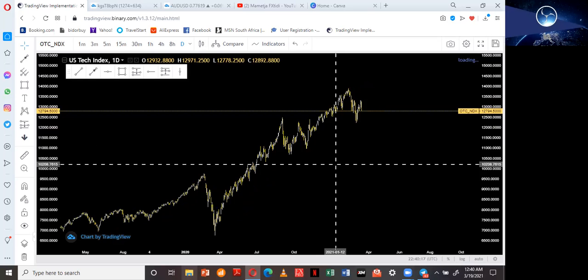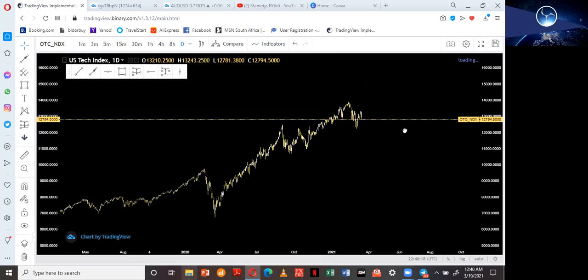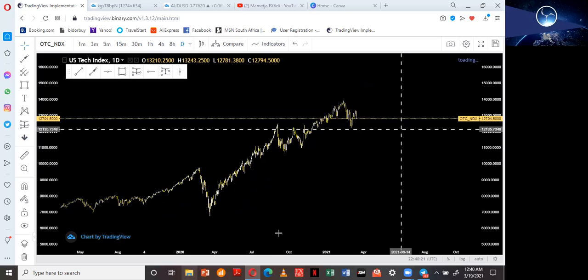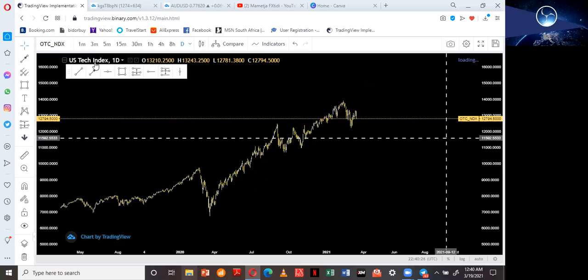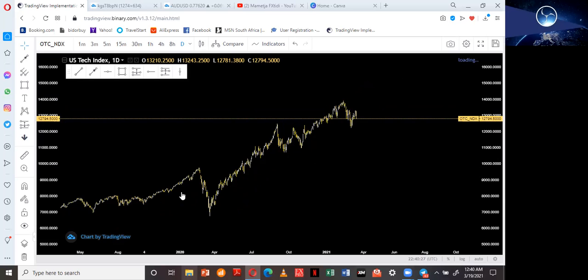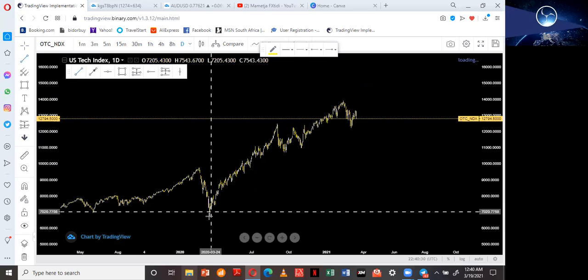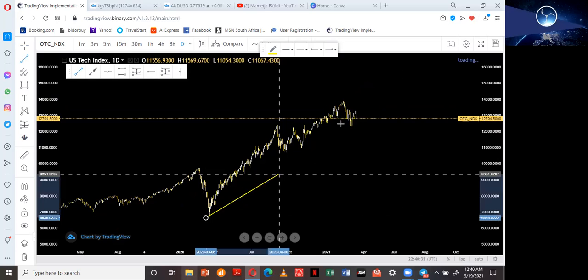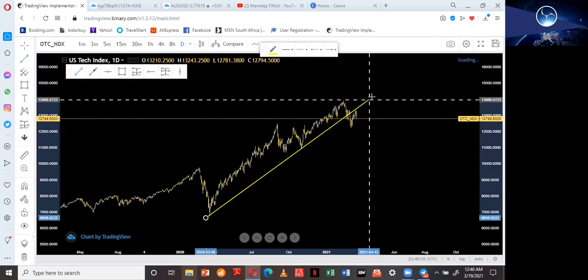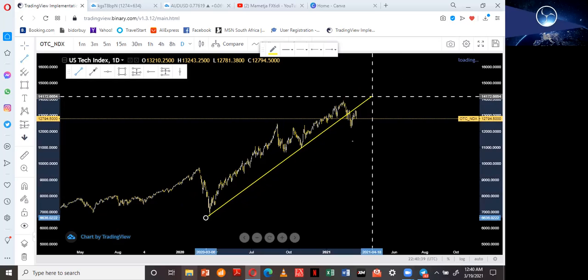We are looking at Nasdaq, US100, and NAS100. Looking at the charts right now, we know that Nasdaq is always buying. It's always in a bullish trend most of the time.